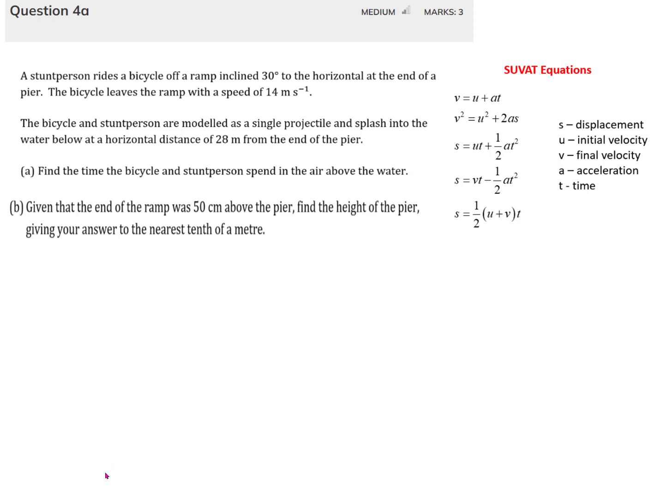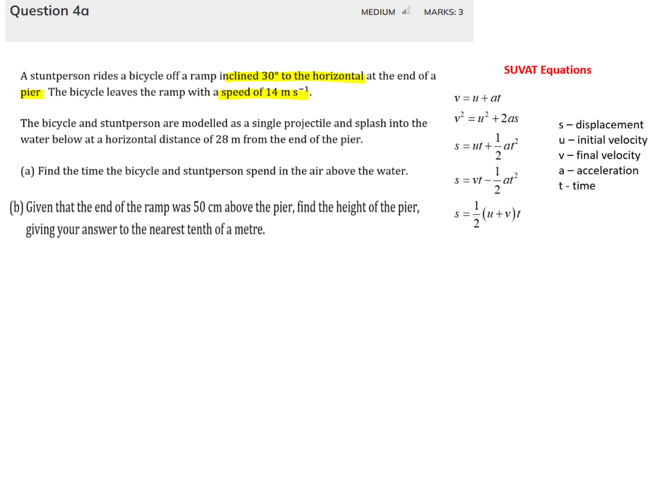Okay, do you have a read of this question? Highlight the keywords. And for this one, what would I consider the keywords? The bicycle leaves the ramp at 14, so that's going to be U, 30 degrees to the horizontal at the end of a pier.